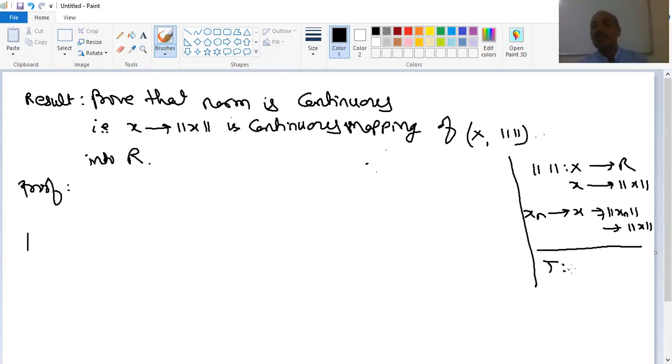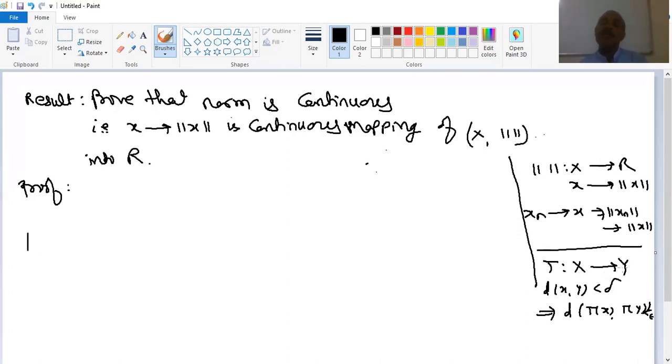Say T is a mapping from X to Y, where X and Y are metric spaces, d is a metric defined on X, and d is a metric defined on Y. T is a function, and T is continuous if d of x, y less than delta, meaning the distance between x and y is very small, then the distance between T of x and T of y must be very small.